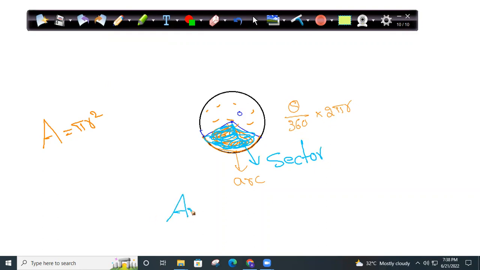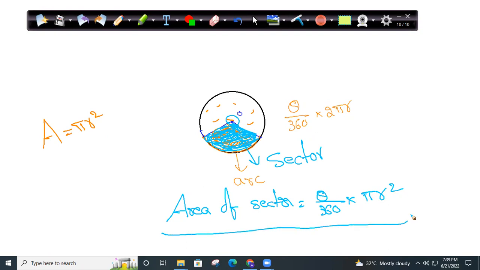Area of sector is given by theta by 360 into pi r square. Total is pi r square for 360 degrees, but I want only for theta. So theta by 360 into pi r square gives the area of this sector.